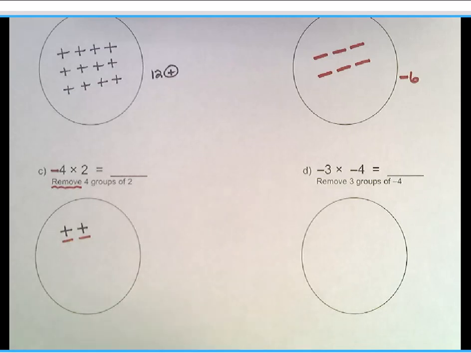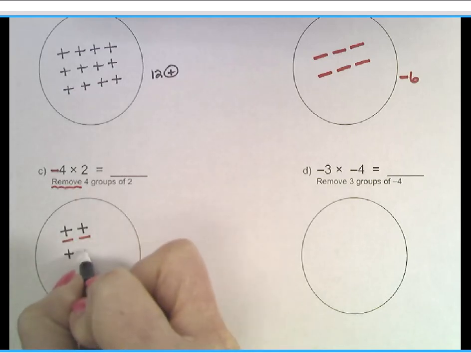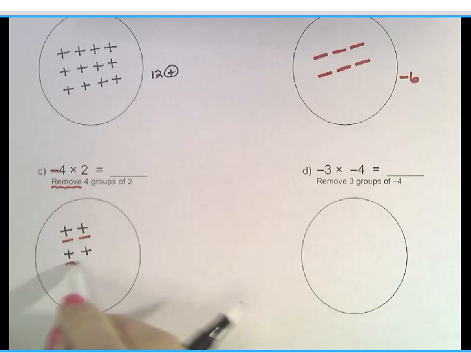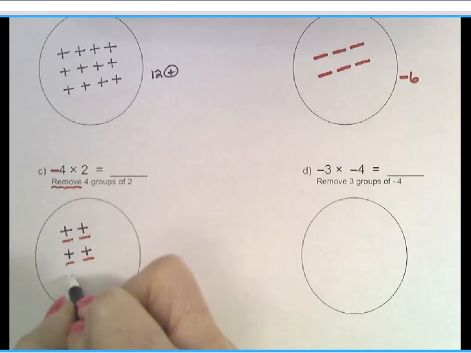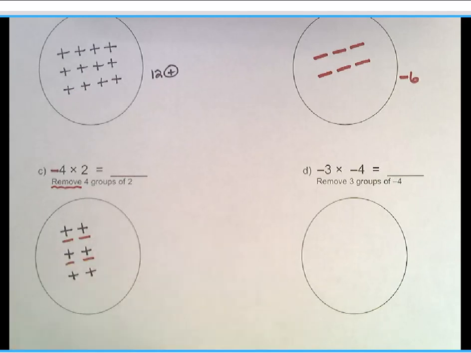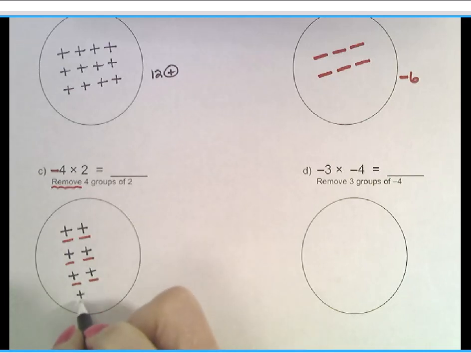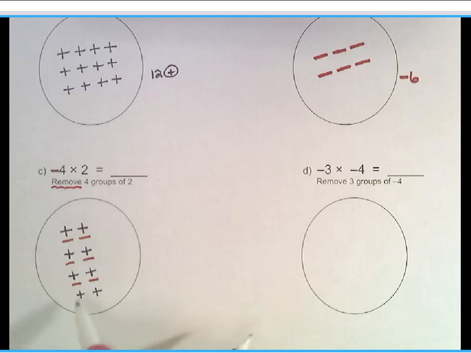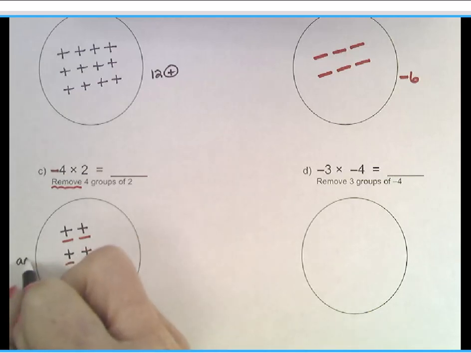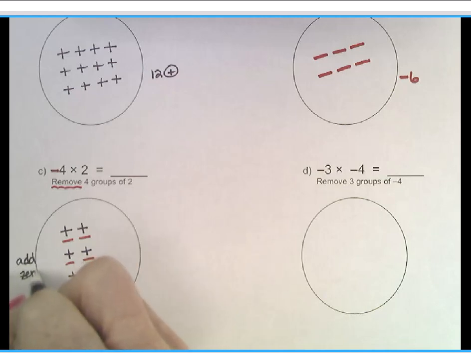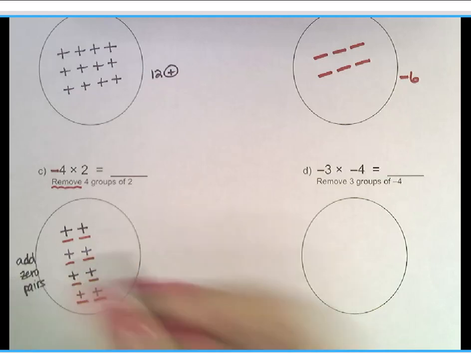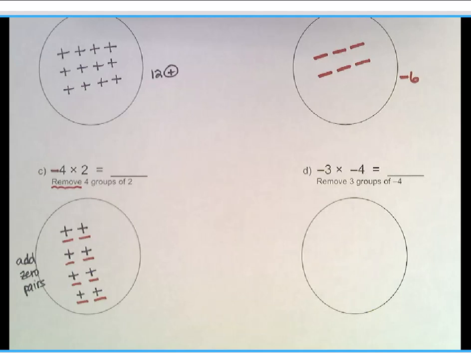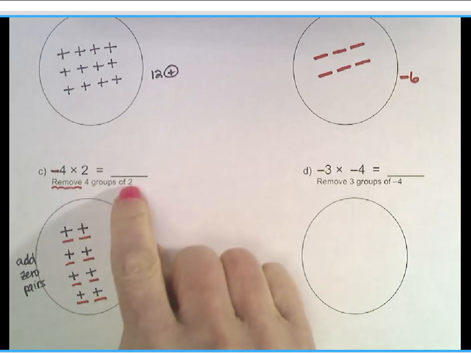There's a 0 pair. There's some more 0 pairs. I just have to put in enough 0 pairs that I can do the problem. And if you have too many, it's okay because they'll cancel out, right? Negatives and positives cancel out. So there, I put in a bunch of 0 pairs. I want to remove 4 groups of 2, and that 2 is positive.